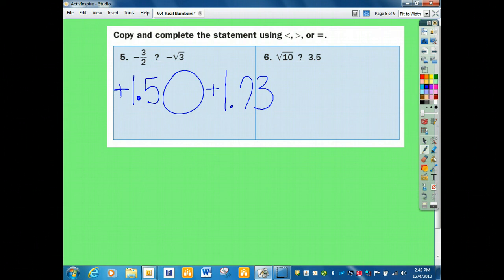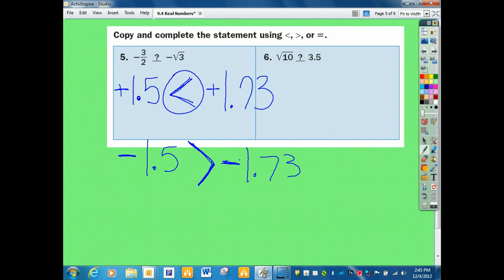It's easy. We would know that you would put a less than sign in there, right? But these are negatives, negative 1.5 and a negative 1.73. So it's going to be the opposite, because negative 1.5 is closer to 0 than the negative 1.73.